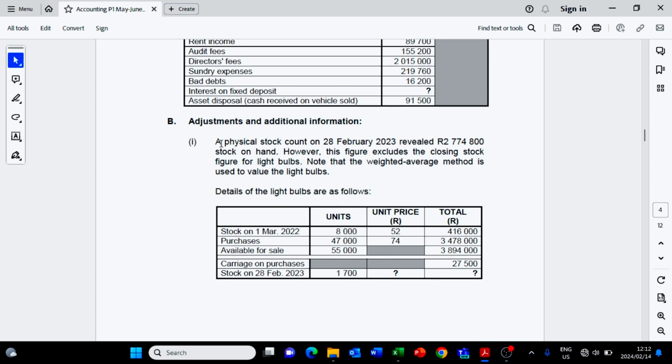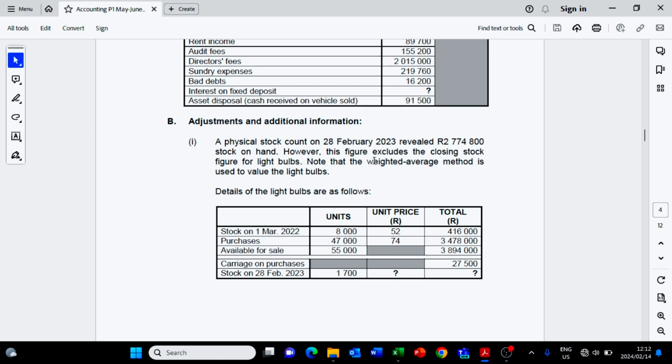A physical stock count on 28 February 2023 revealed 2,774,800 stock was on hand. However, this figure excludes the closing stock figure for light bulbs. Note that the weighted average method is used to value the light bulbs.